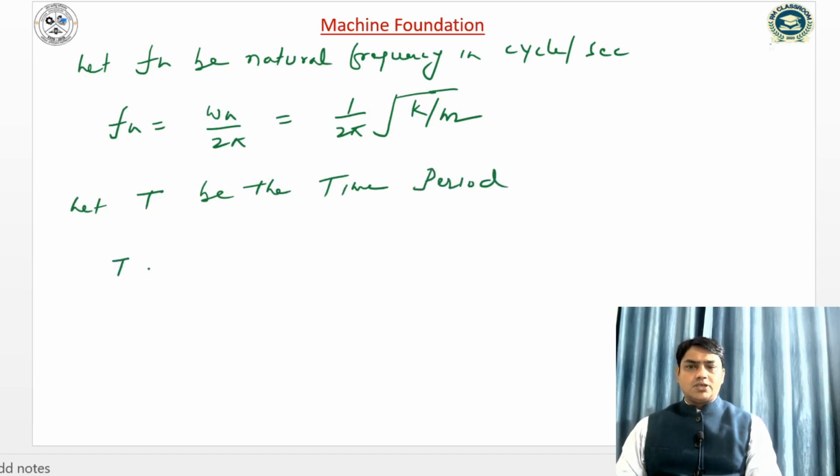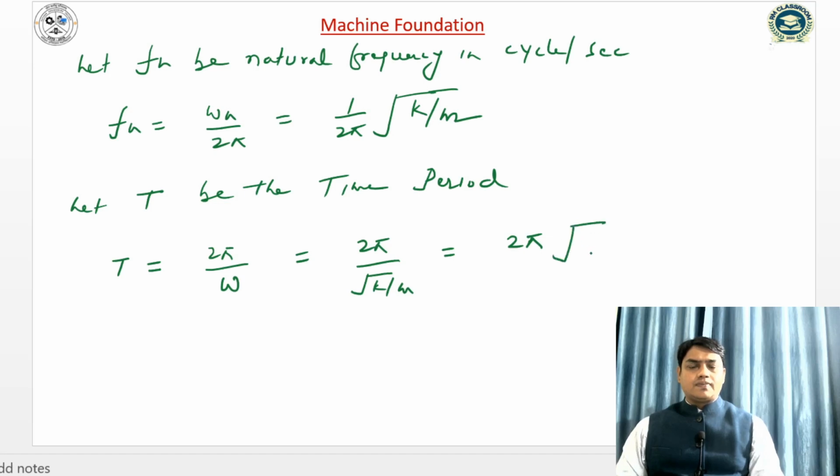So T is equal to 2 pi by omega, where omega is square root of k by m, so T is equal to 2 pi square root of m by k. Or we can also write T is equal to 1 by Fn.